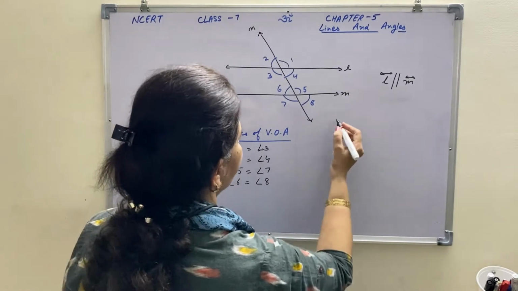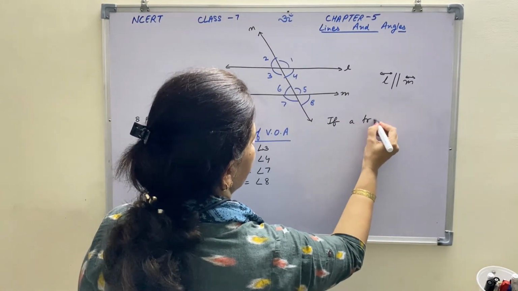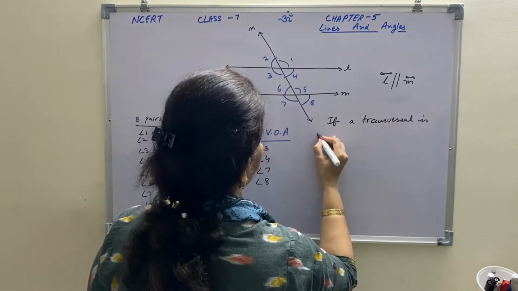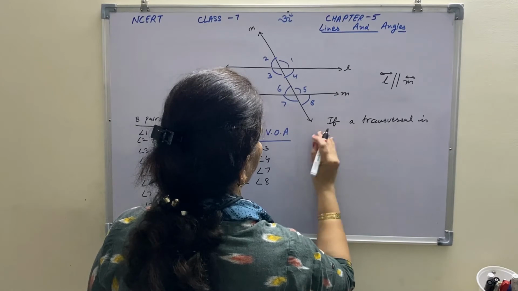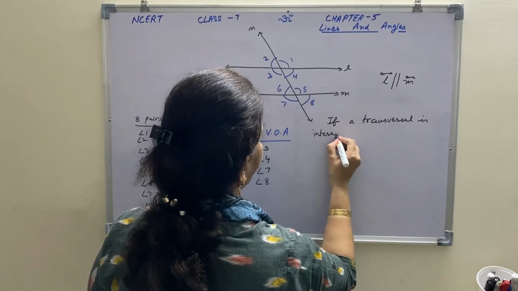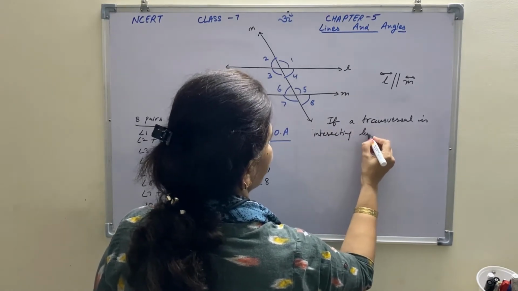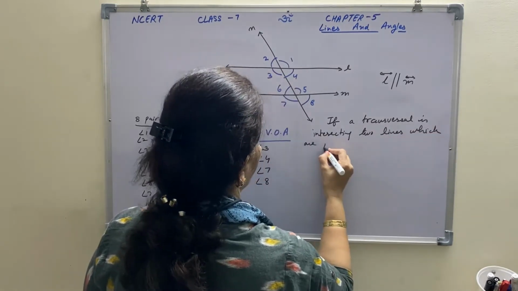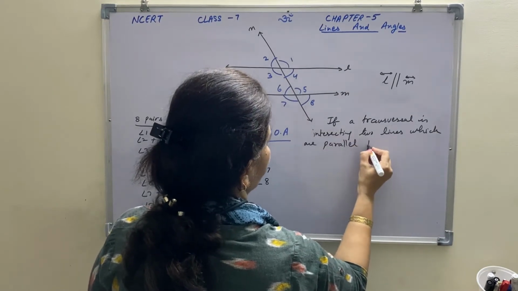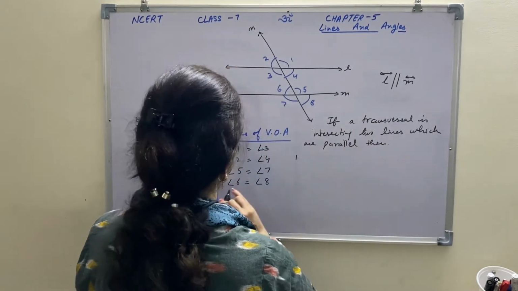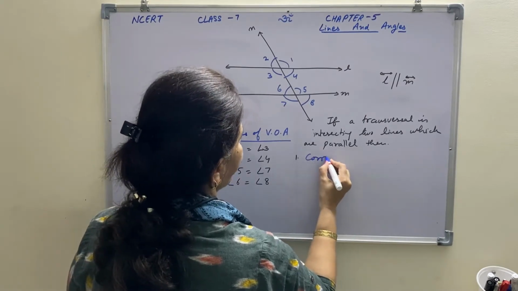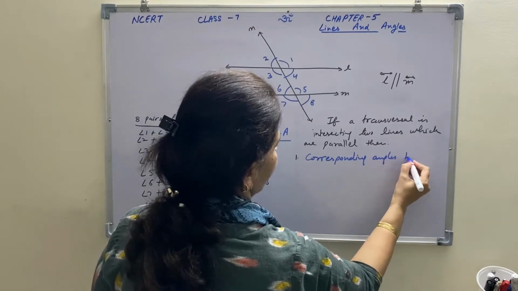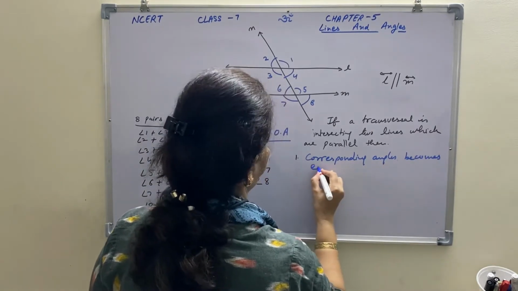But if a transversal is intersecting two lines which are parallel, then what happens? Number one, corresponding angles become equal.